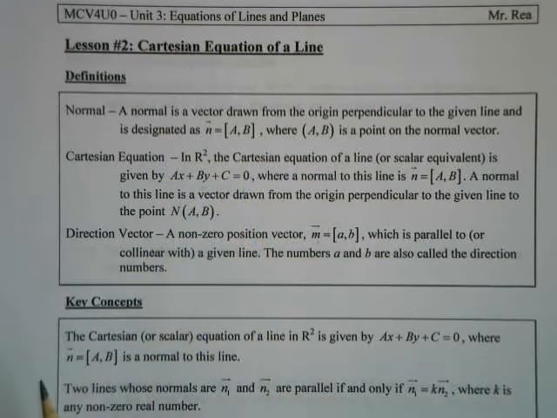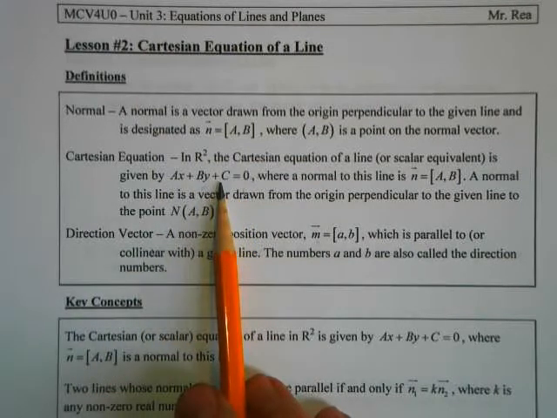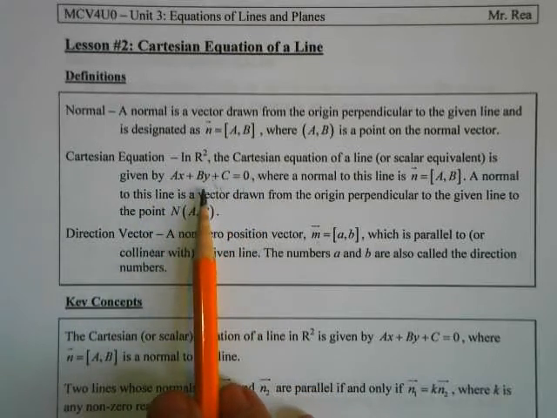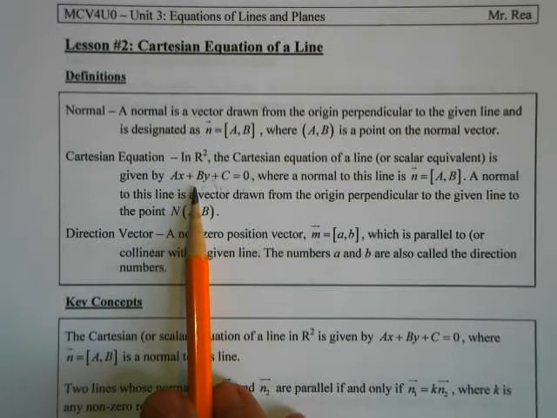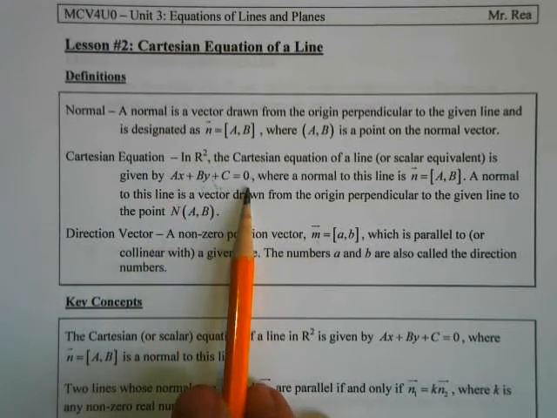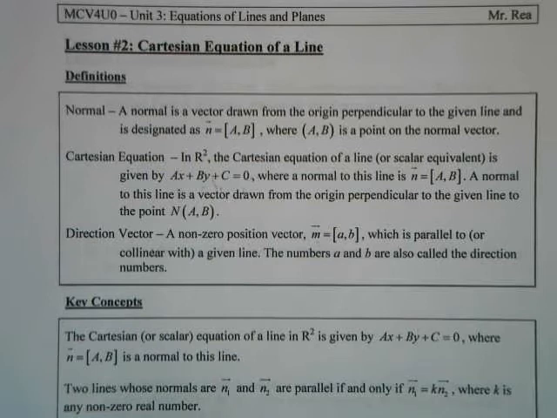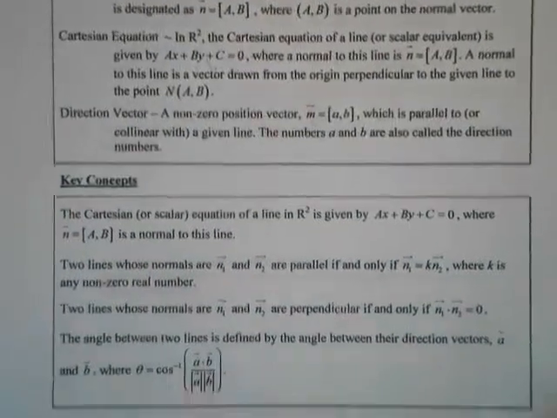That should be familiar because that's what defined a line in grade 9. We called it the standard form of a linear equation. It's exactly the same format, but now we're going to relate it to vectors. That's really where we're going with this lesson.